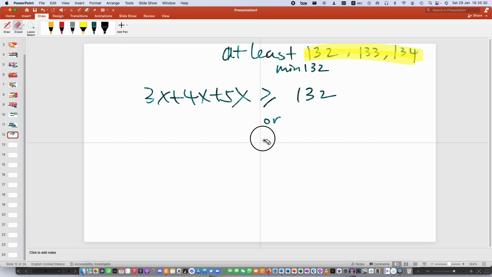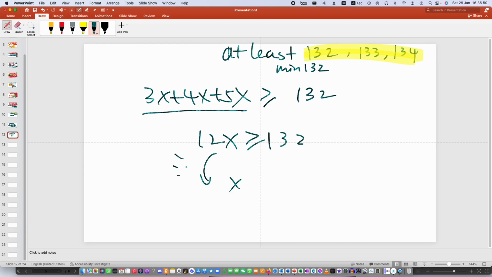So that's how you form the inequality. Once you have this inequality, what do you get for here? Use your calculator if you cannot manage. 12. How do you get x? Divide by 12. 11. So how do you represent this on the number line? 11.